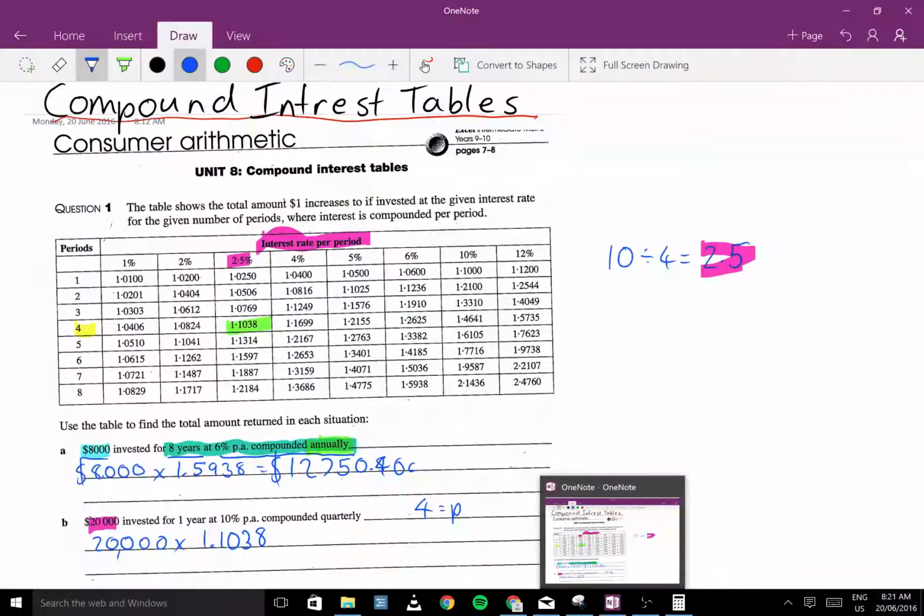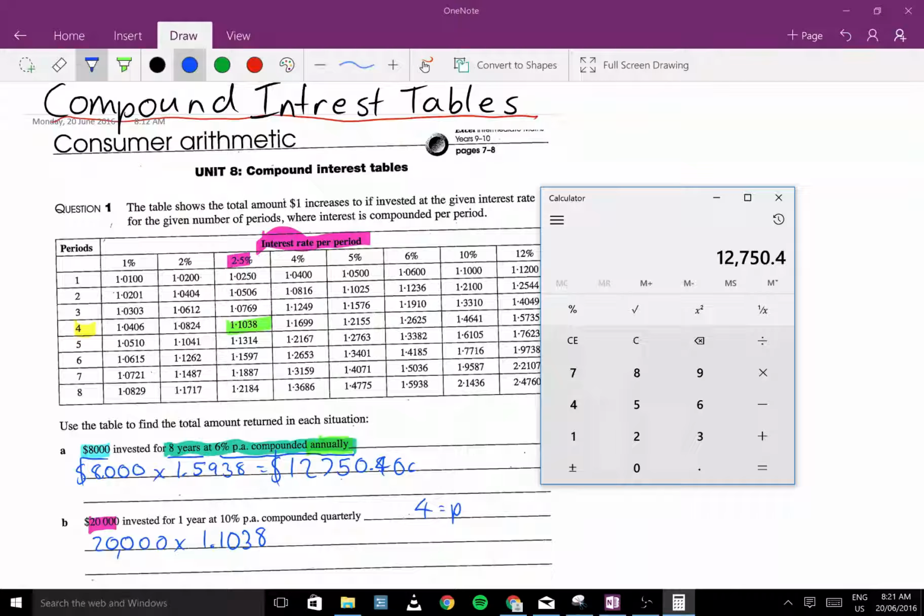Then I do that on my calculator: 20,000 times 1.1038, that's from the table, gives me 22,076.